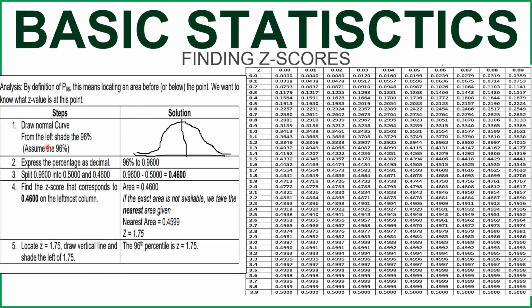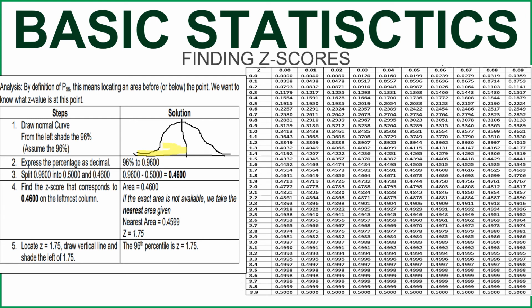normal curve. And, draw the normal curve from the left side, shade the 96%. So, let us shade muna pala. Saan muna yung 96% natin, di ba? Technically, from the left, sabi niya, so isi-shade na natin yung left side. Bakit isi-shade na yung left side?